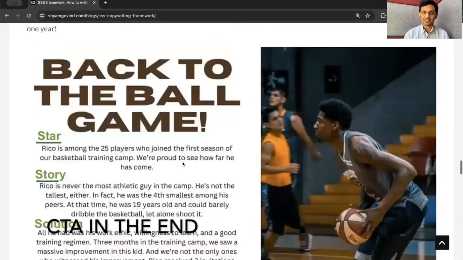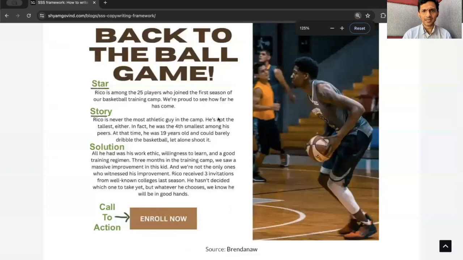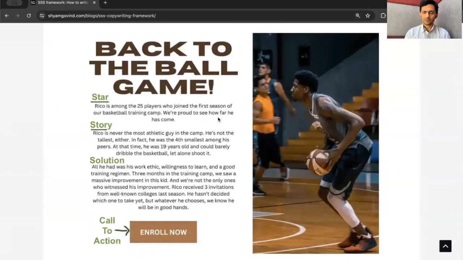So you see, this whole post doesn't have the name of the camp, what it is and all of that, right? It doesn't tell you what the training schedule will be. It doesn't tell you what the price is. It's just telling you enroll now. And when you click on it, it'll probably give you more details, right?